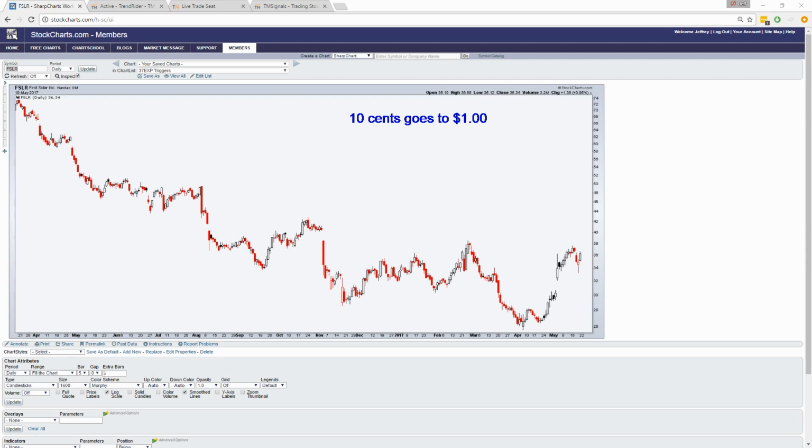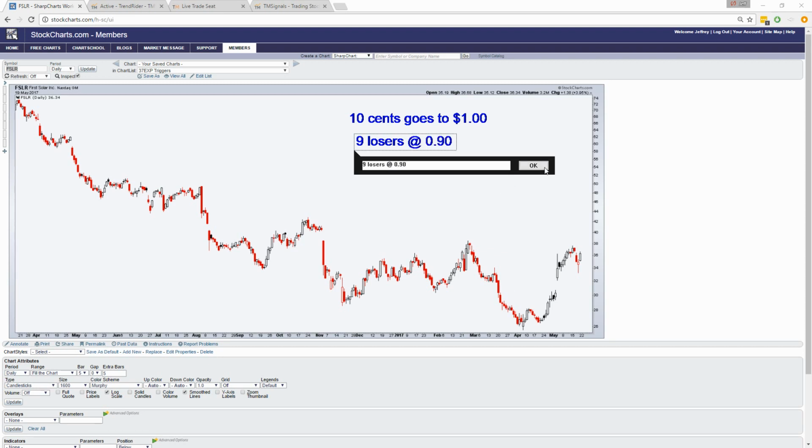How many trades, if we have 10 of these, what happens? Well, how many winners do we have to have in order to offset losers? Let's just say we only have one winner. It makes 90 cents. Let's say we have 9 losers. How much do we lose?